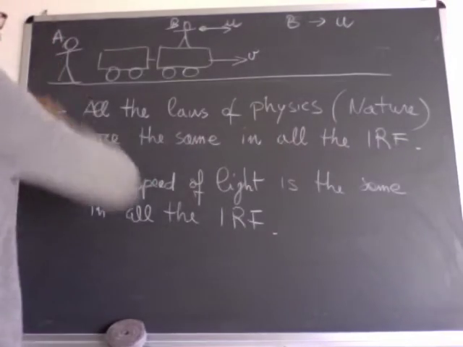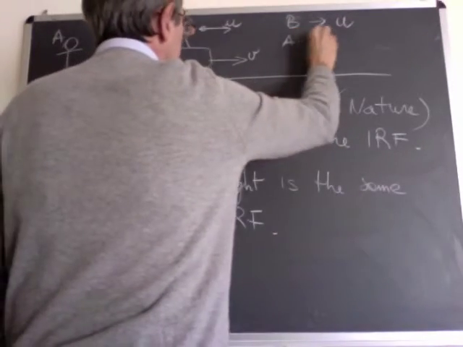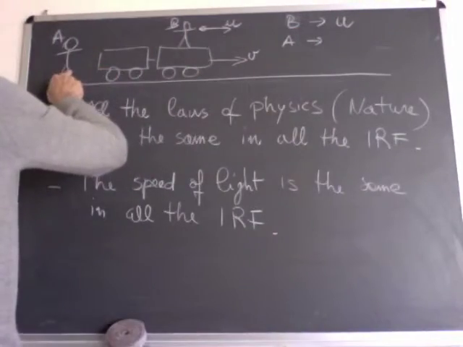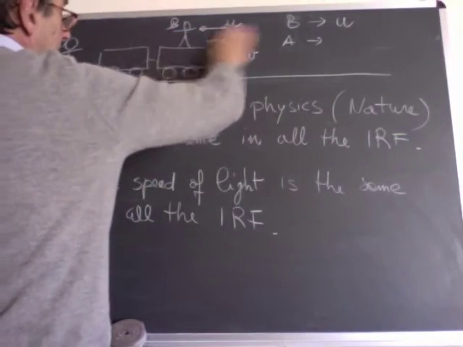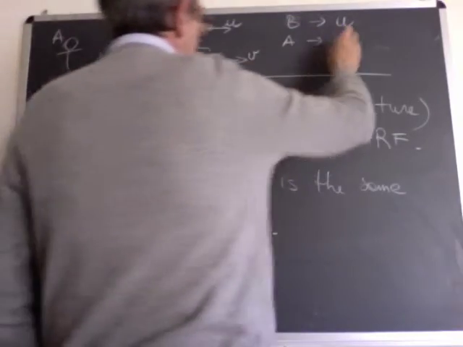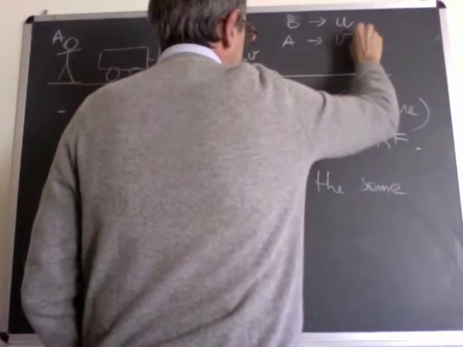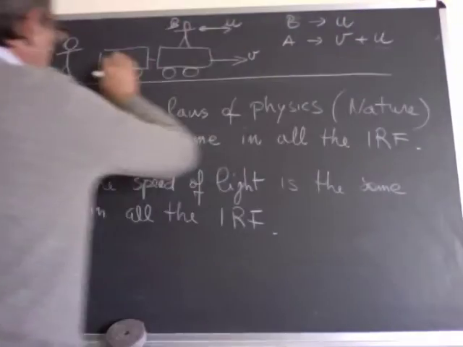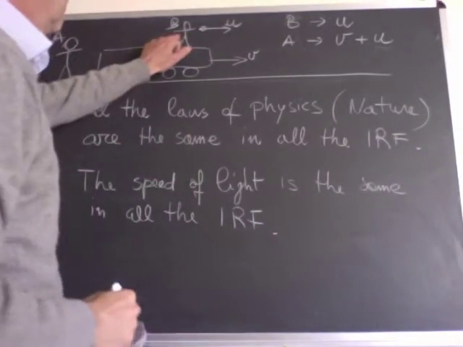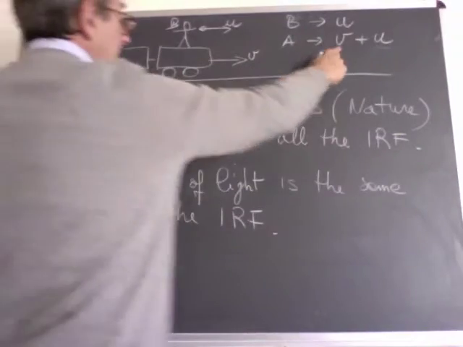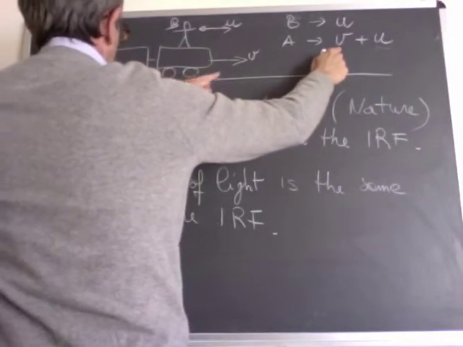What about A? A observes the stone traveling in this direction with the sum of the two velocities, because when the stone is in the hand of B, it is traveling with velocity v, that is the velocity of the train.